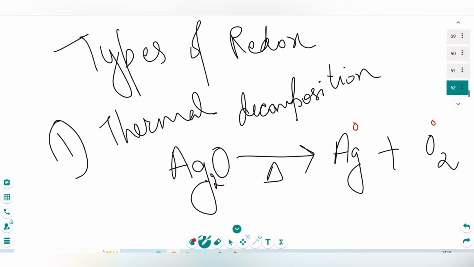Oh, -2, okay. Come on, give me the oxidation number on Ag. Ag is 2 plus, right? 2 plus? Are you sure? Oh wait, it's X.